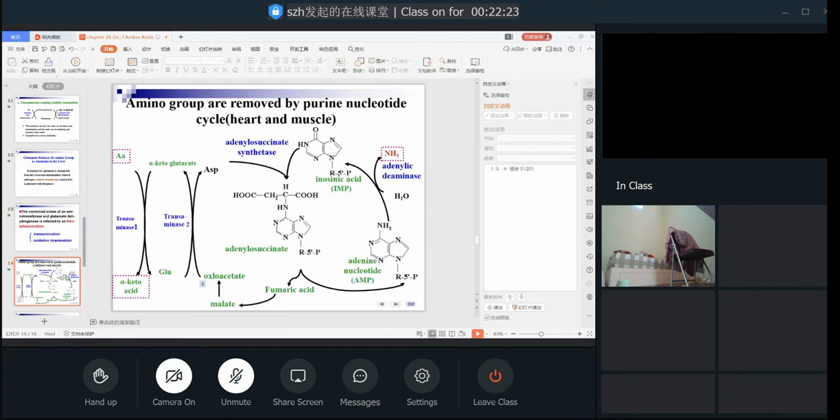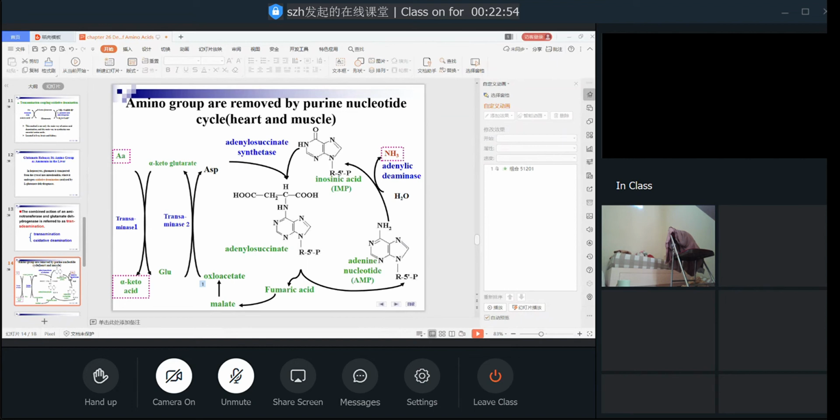Here you can see the amino group is removed by the purine nucleotide cycle. Certainly, this kind of deamination is very minor and only takes place in the liver and the muscle.